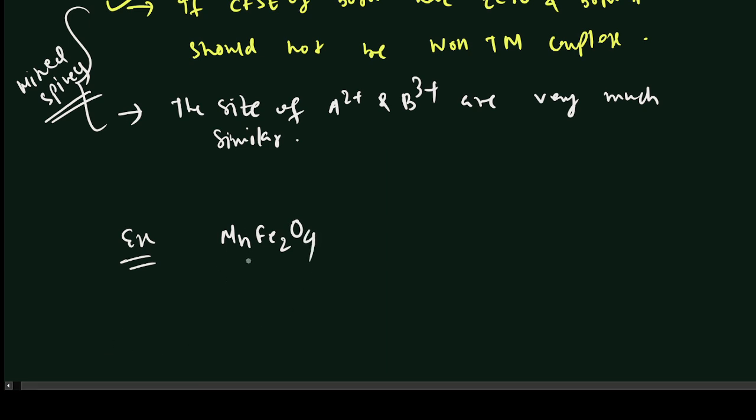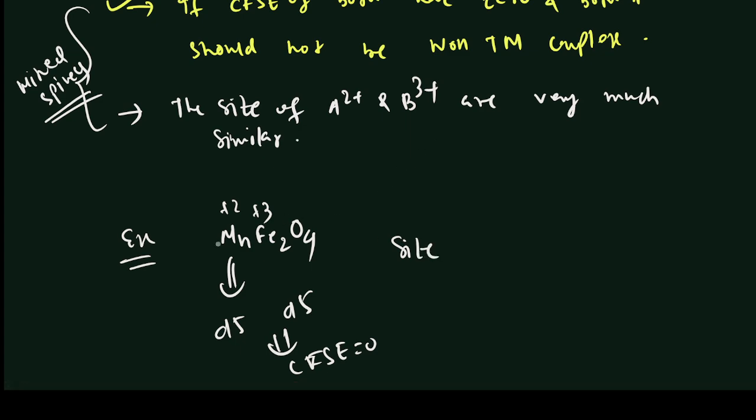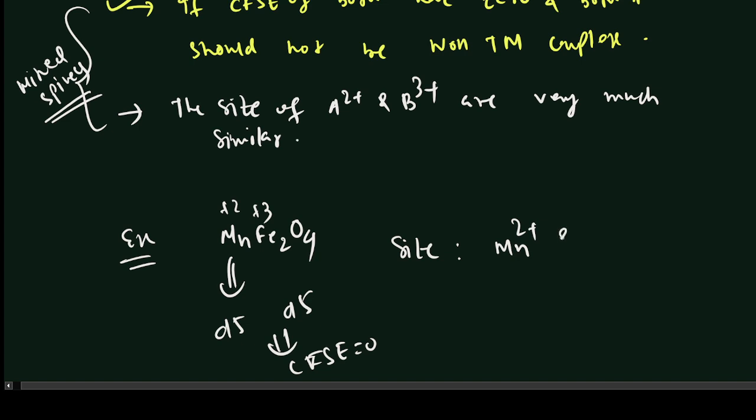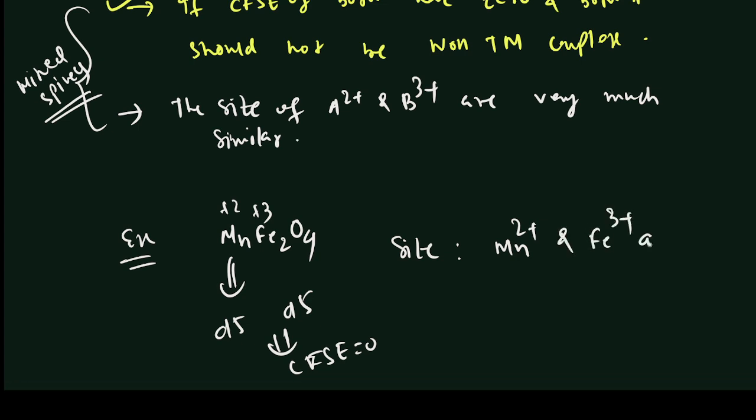So in this case this is also having plus 2 and this is plus 3, this is d5, this is also d5. So in both cases CFSE is 0, and the size of manganese 2+ and Fe3+ are nearly the same.